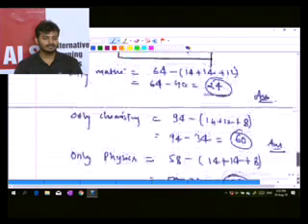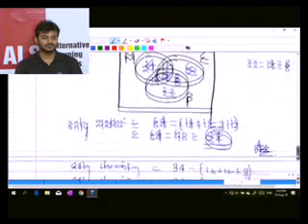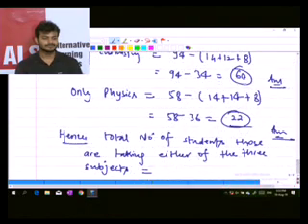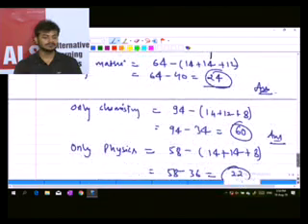It would be the summation of all this, 24 plus 12 plus 14 plus 14 plus 8 plus 60 and so on. So let me add them together. From the formula itself you can do. Or you can also do it via this Venn diagram.